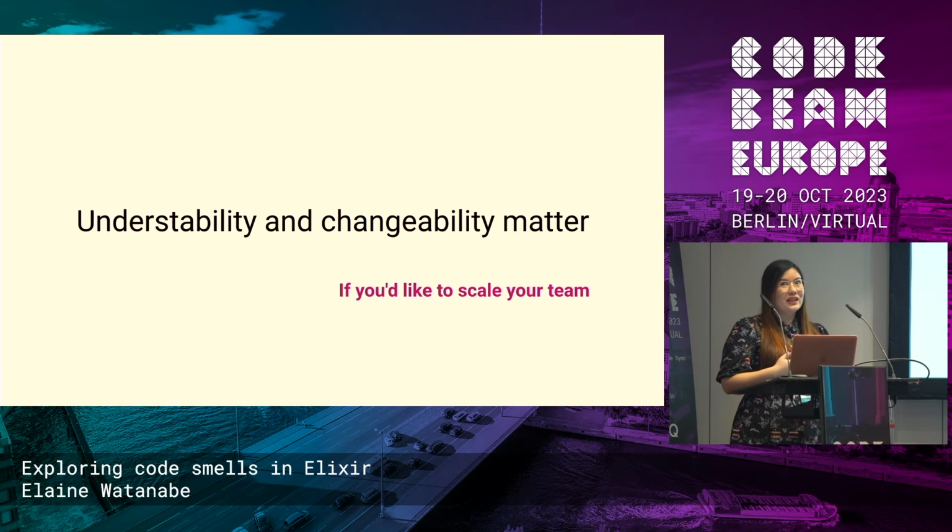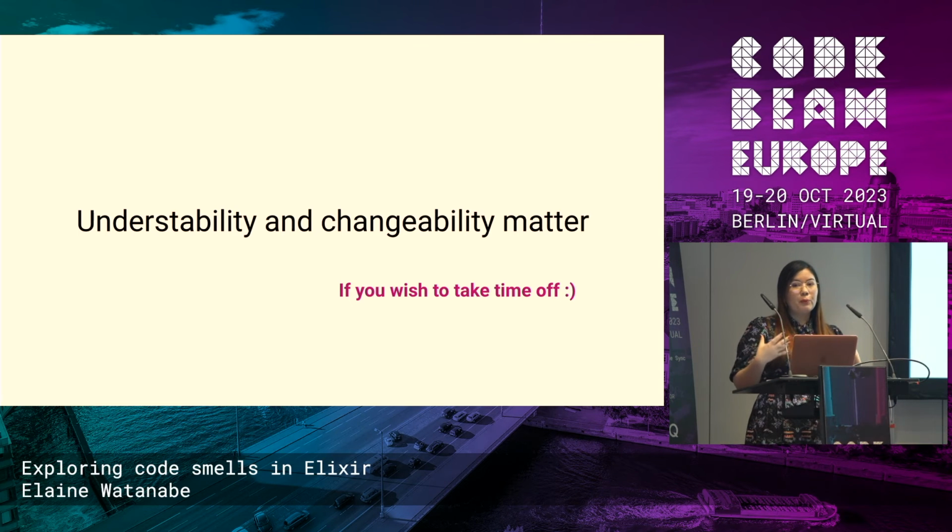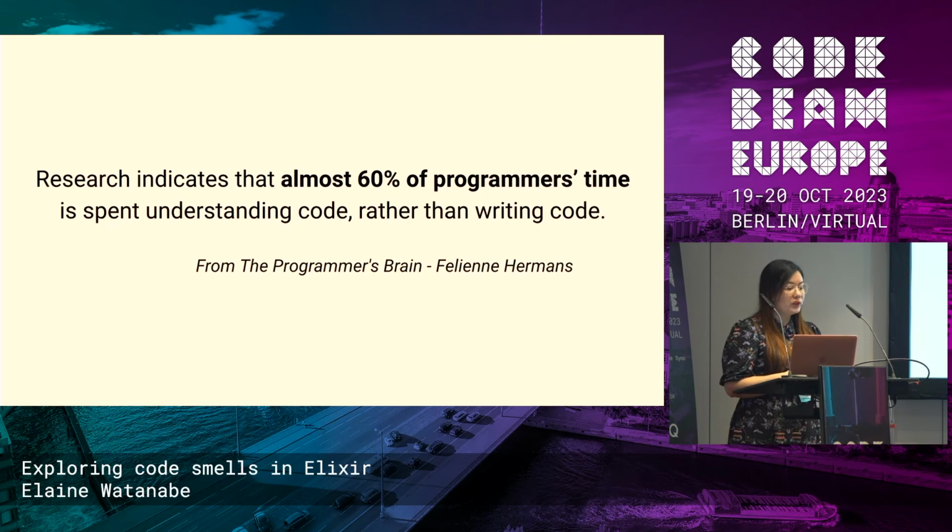It is important if you would like to scale your team or if you wish to take some time off. It can help you prevent silos. The goal is to make everyone able to contribute and have new developers join your team, changing that context and moving forward.